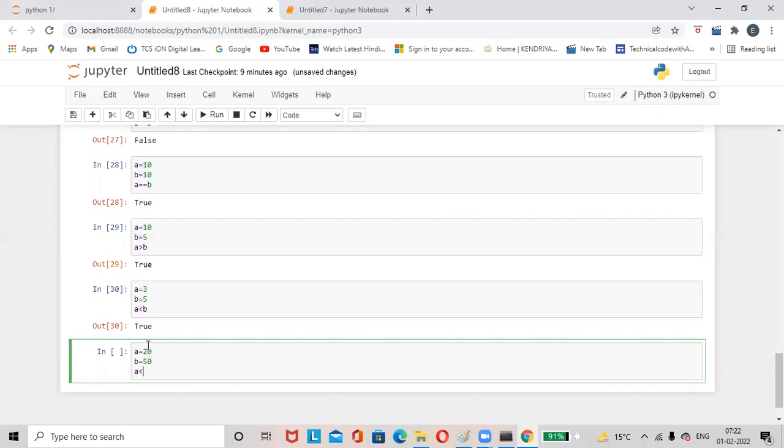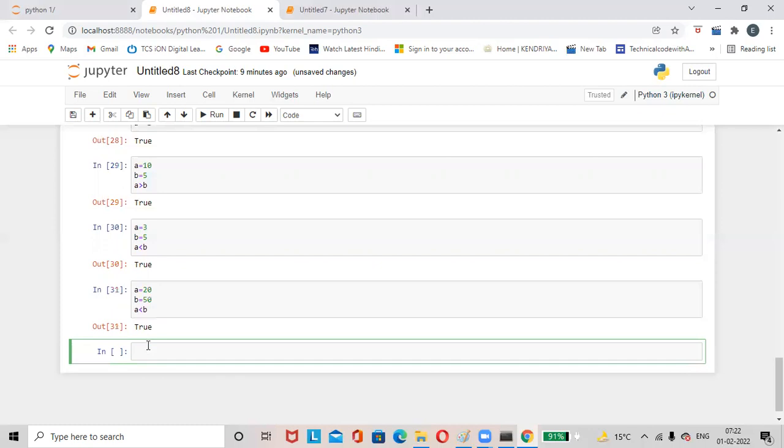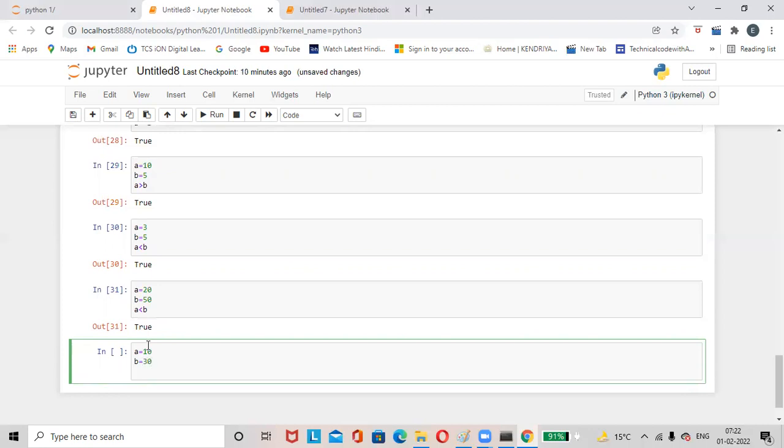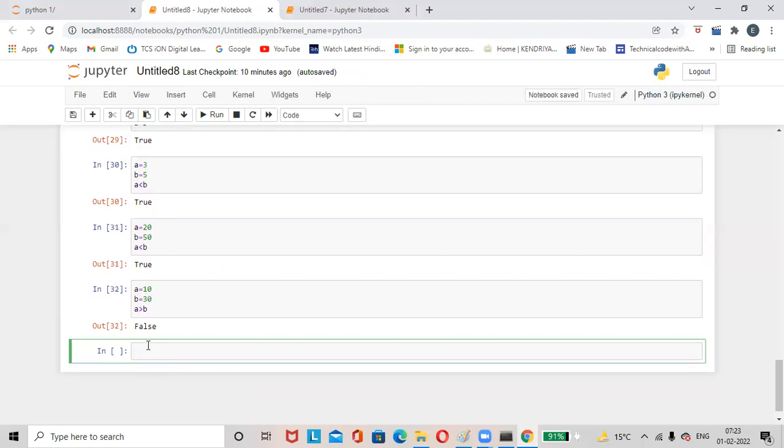A is less than B. The result is true. Why? Because A value is less than B. Let us check with one more example. A equals 10, B equals 30. Okay. A is greater than B. The result is false. Why? Because A value is less than B value.